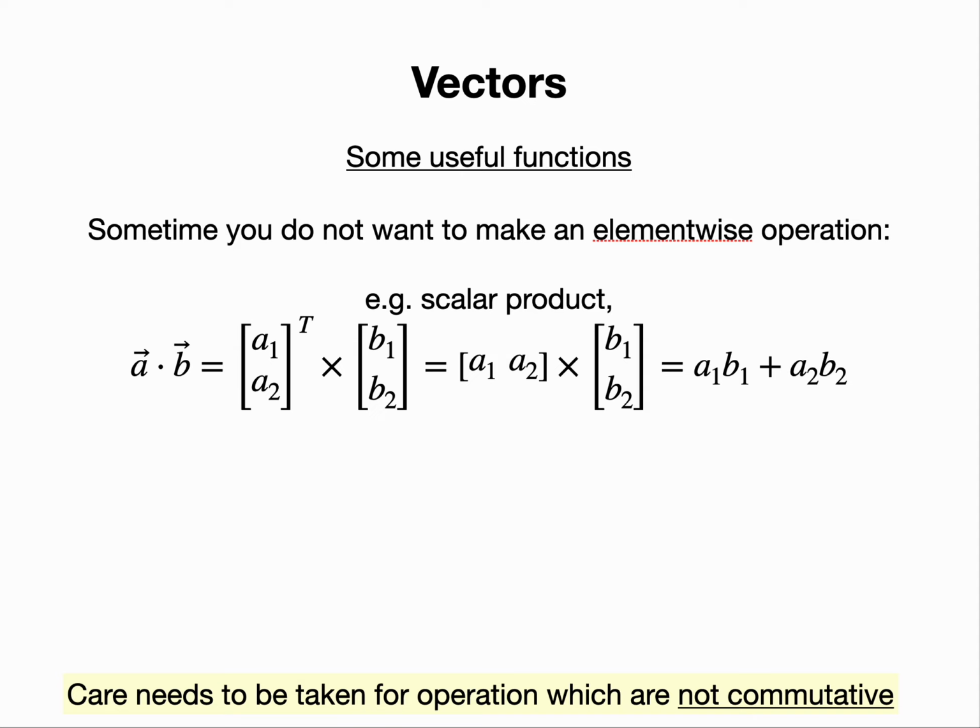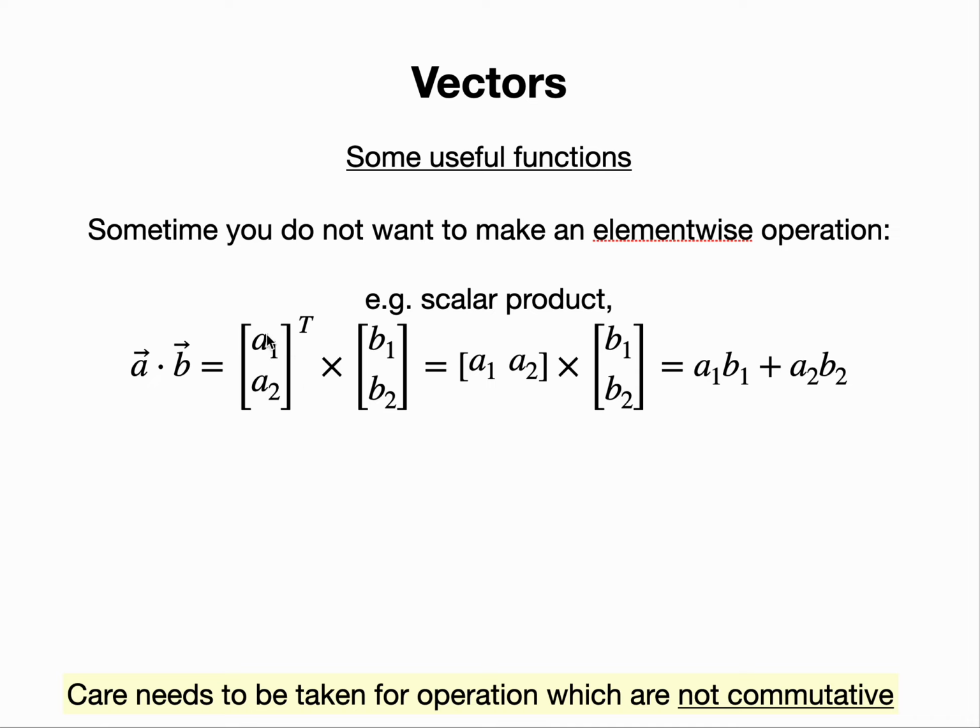But sometimes you may not want to make an element-wise operation. So for example, if we do some linear algebra, we may sometimes use a scalar product. So you know what a scalar product is. It is the multiplication of the transpose of a vector by a vector, and this multiplication here is a matrix multiplication.